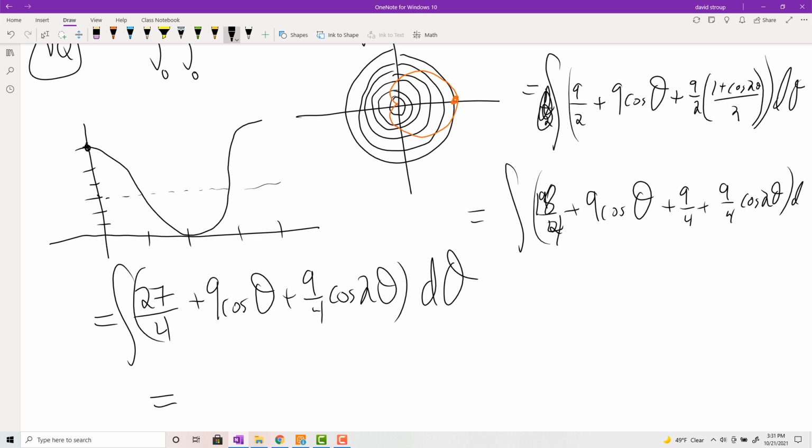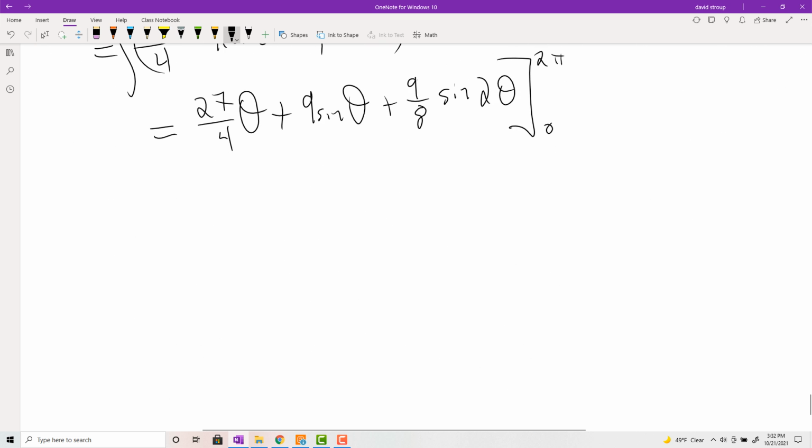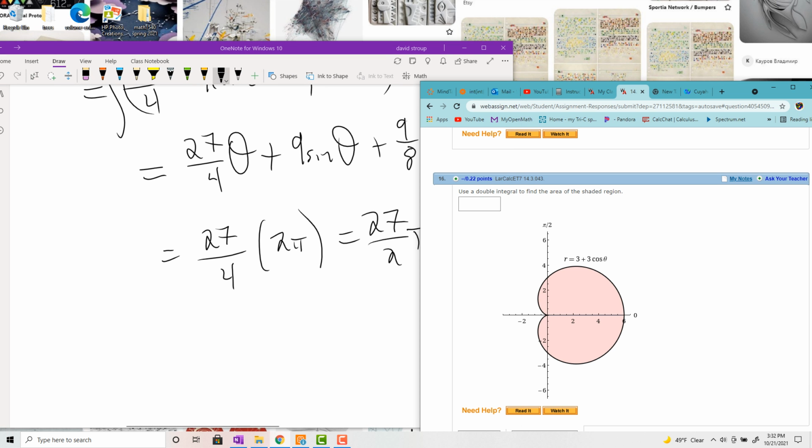And then you'll have 27/4 theta plus 9 sine theta plus, with a u sub, you'll get a 1/2, so 9/8 sine 2 theta, and then we're going from 0 to 2 pi, which shouldn't be very painful, because sine of 2 pi and sine of 0 are both 0, so you're just going to end up with 27/4 times 2 pi, so that would be 27/2 pi. Okay, I hope, right?